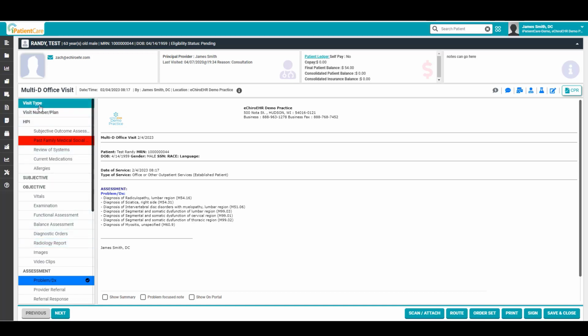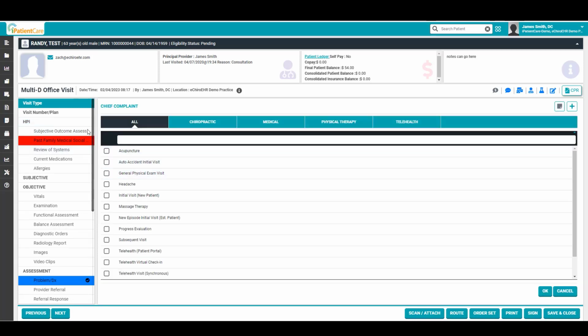So we'll go ahead and select the visit type section. When we click on that, it opens up what visit types are available or have been programmed or set up within the system. And keep in mind, we have opened up a multi-D office visit note. And so we have various healthcare providers here that may have different types of visits.